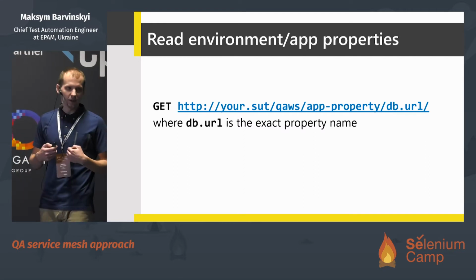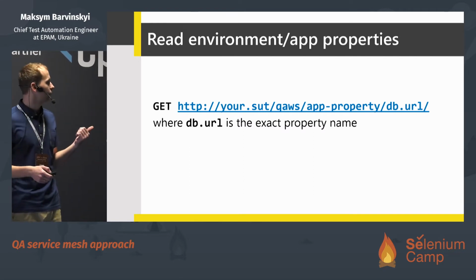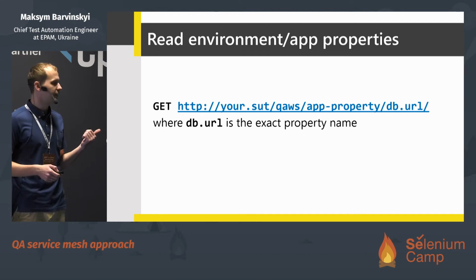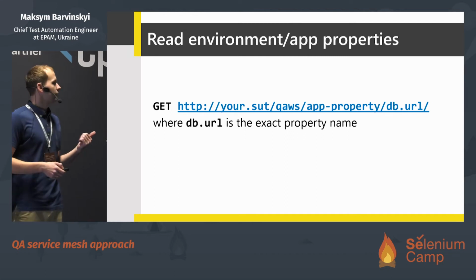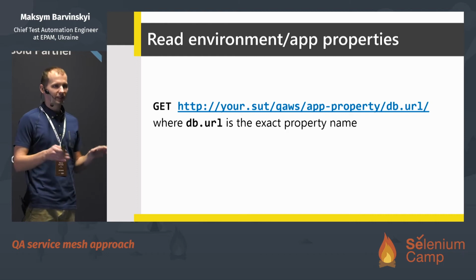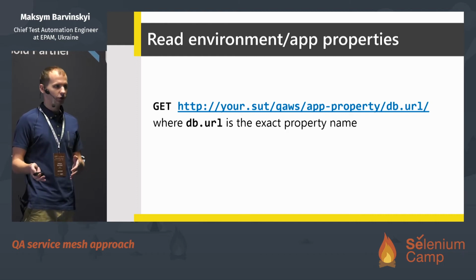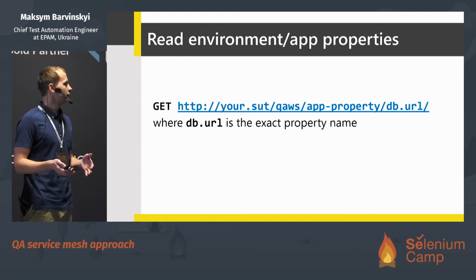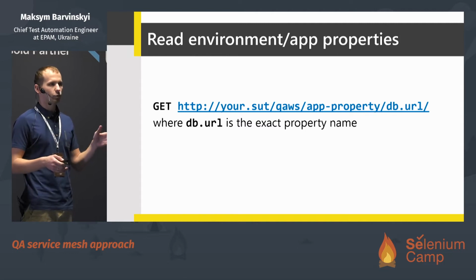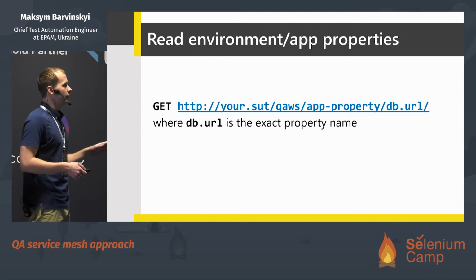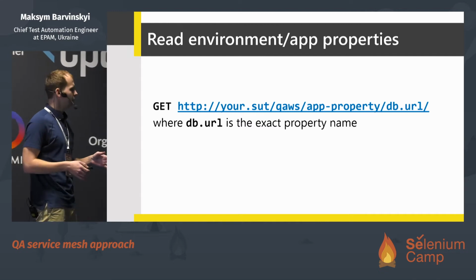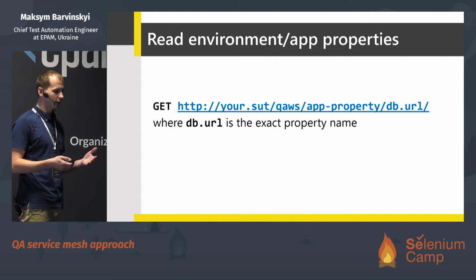It helped us. On our project, we used it to retrieve the database URL dynamically because from time to time, it got changed. In our case, it was once in 2 weeks, something like that. And we were lazy. We didn't want to check.